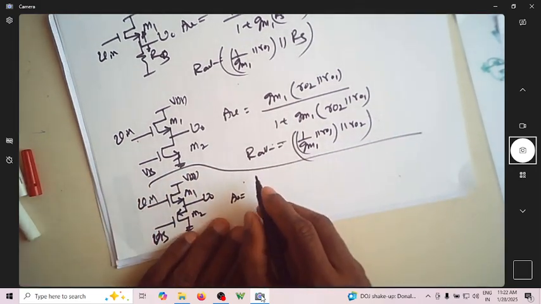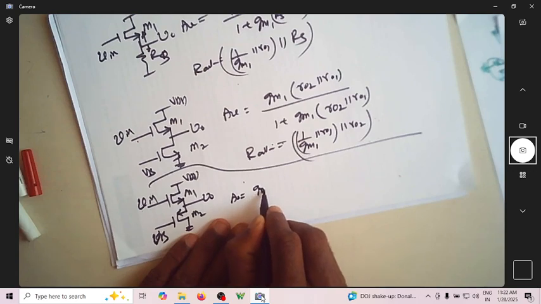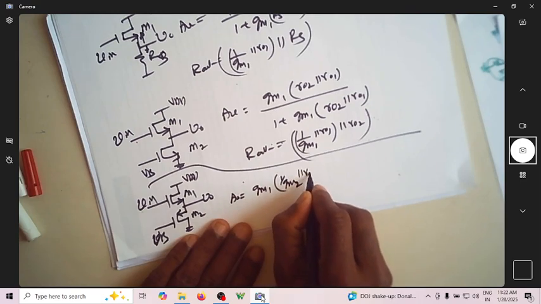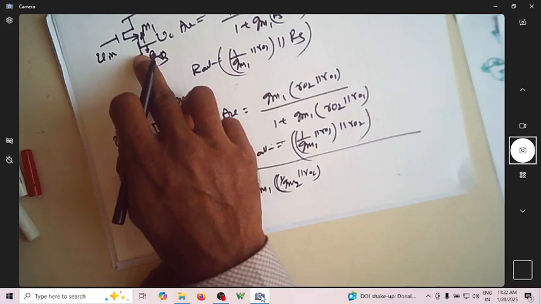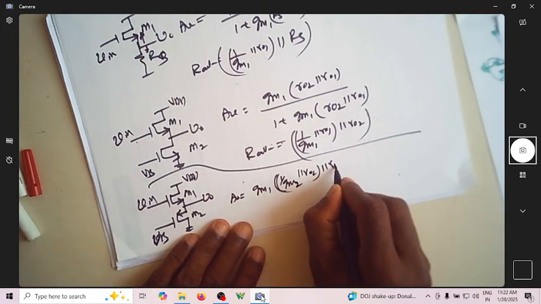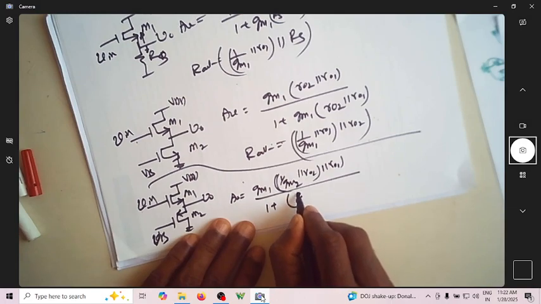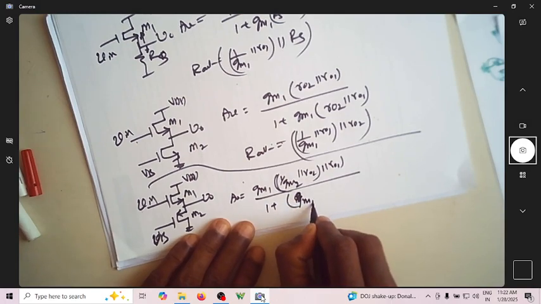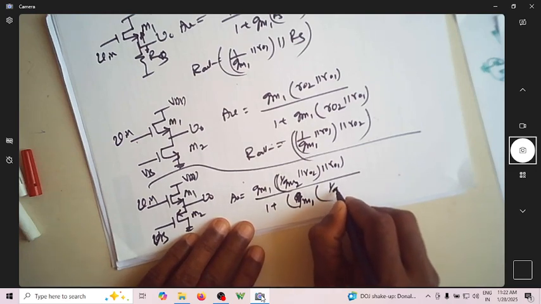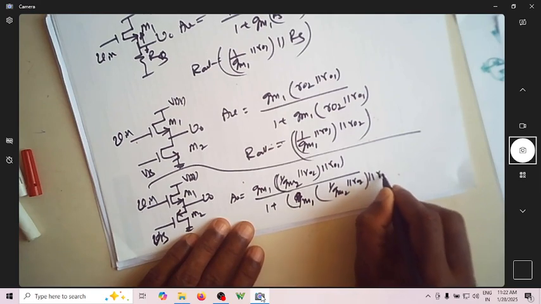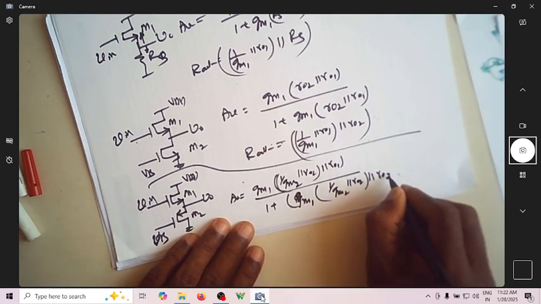AV here for this is GM1 into 1 over GM2 parallel with R02 is in place of RS. Of course, R02 remains same as it is, divided by 1 plus GM1 multiplied by 1 over GM2 parallel with R02, that is in parallel with R01.